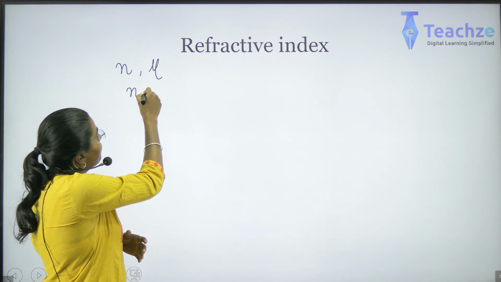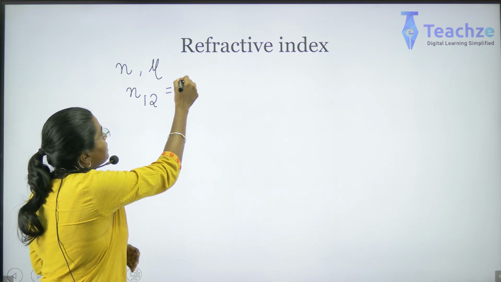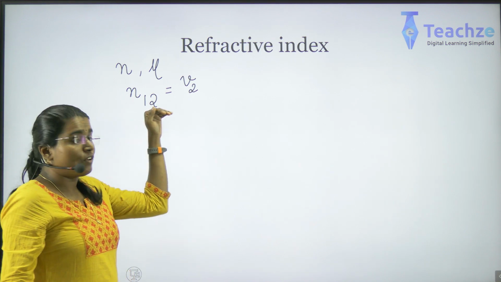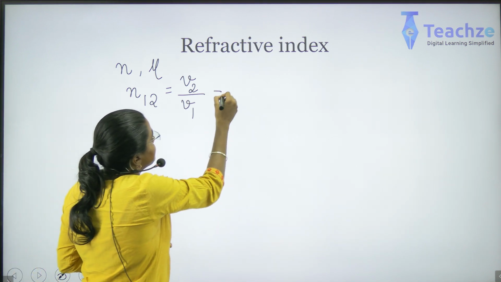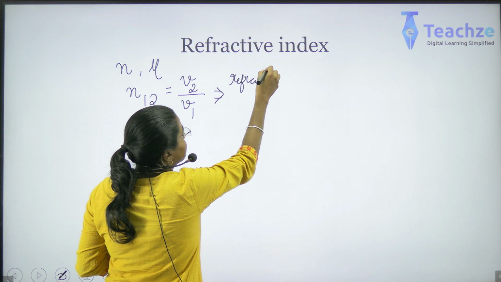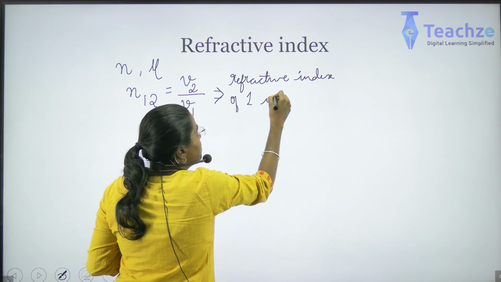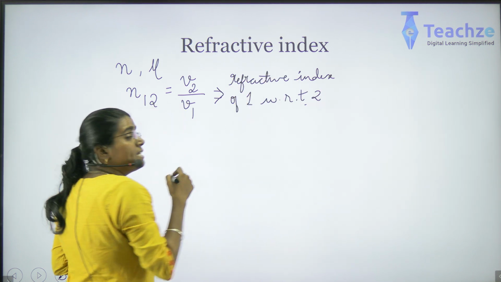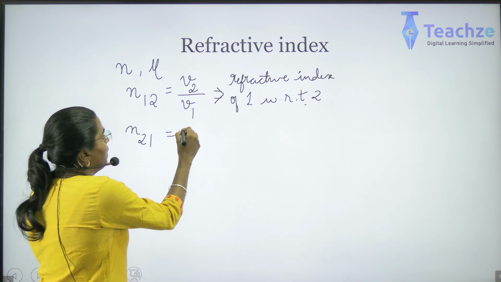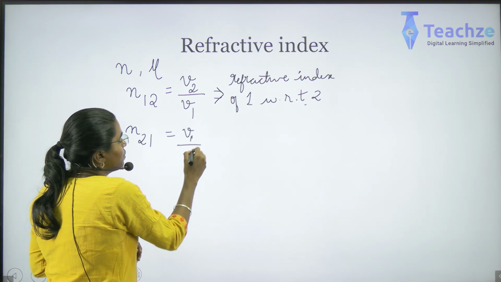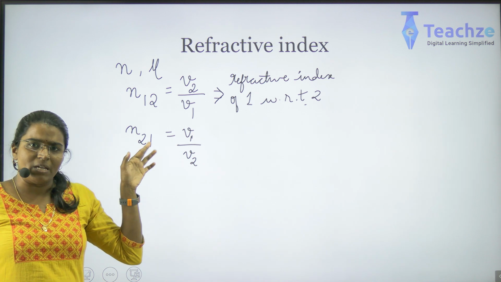The refractive index of the second medium with respect to the first will be the velocity of light in the first medium divided by the velocity of light in the second medium. Similarly, the refractive index of the first medium with respect to the second will be the velocity of light in the second medium divided by the velocity of light in the first medium.